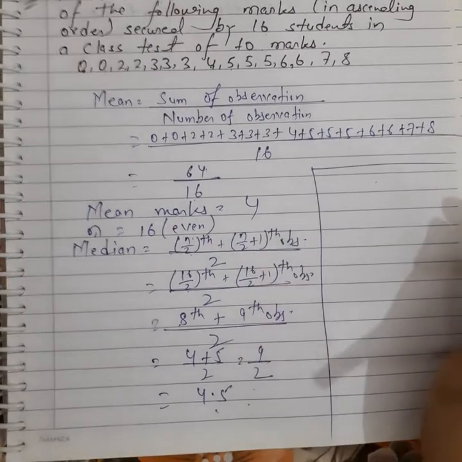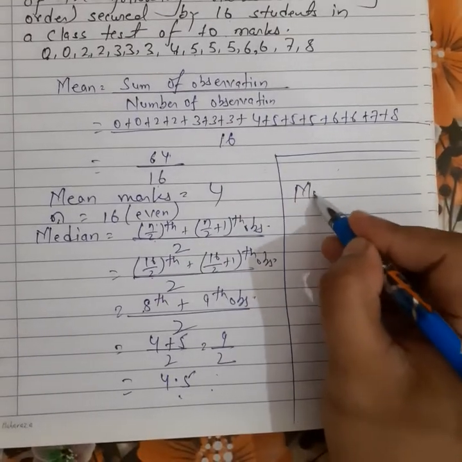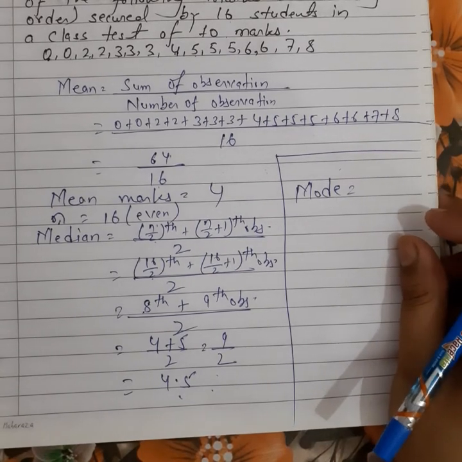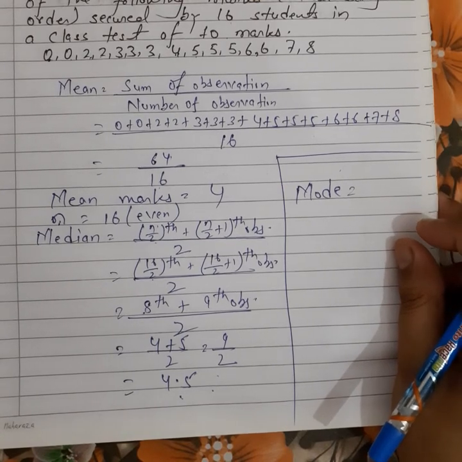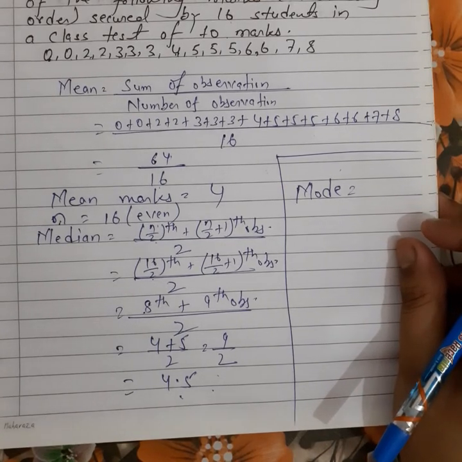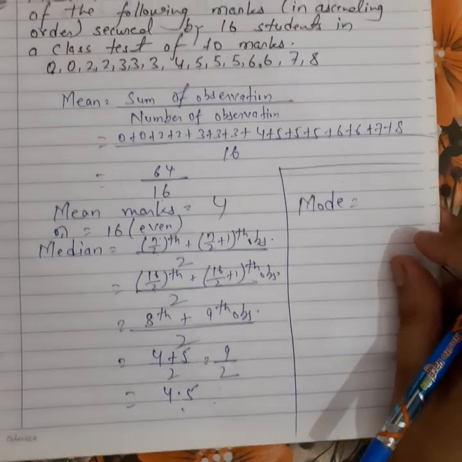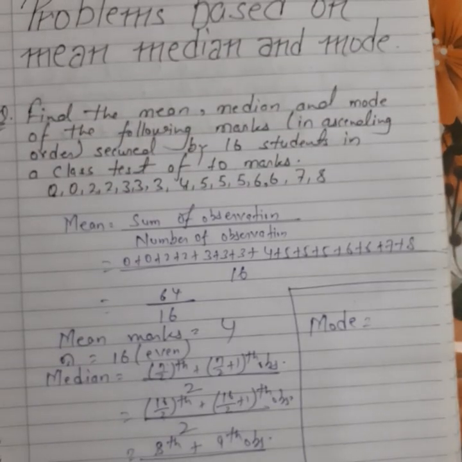Now we have to find out the mode of the data. And what is mode? The observation which occurs most of the time is called the mode of the data. It means maximum is the frequency. Which observation has maximum frequency?